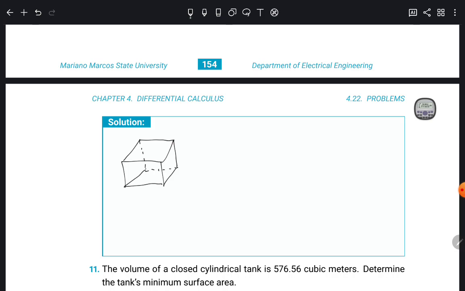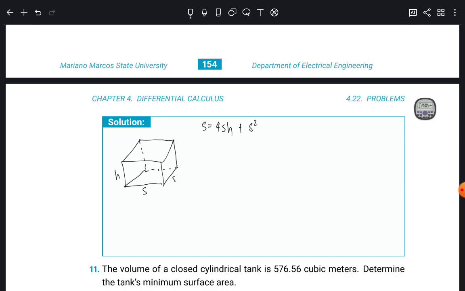So if we solve for the total surface area, let's just call it S, if this is a box, this is side S, this is also S, and it has a height, let's say H. If I solve for the surface area of this box, that will be equal to, we have four rectangular faces, 4S times H. Then on the bottom, we have plus S squared. That's the area of the base of the box.